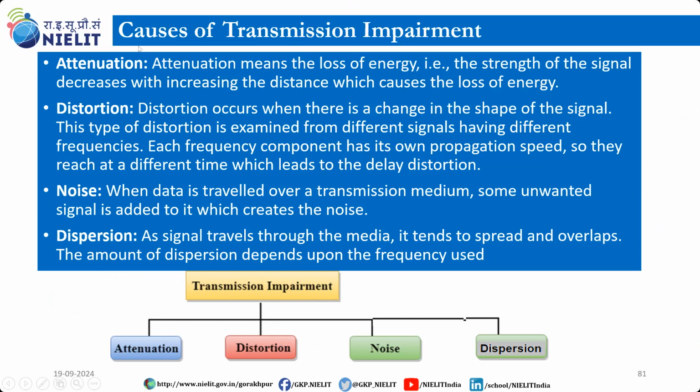So there are four terms. Attenuation means loss of energy; the strength of the signal decreases with increasing distance. Distortion means the shape of the signal is getting distorted; there is a change in shape. Noise means some additional external signal has been superimposed on the original signal. Dispersion means the signal is getting dispersed or spread due to reflection and refraction.